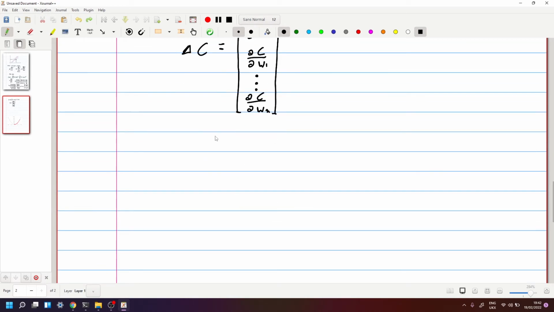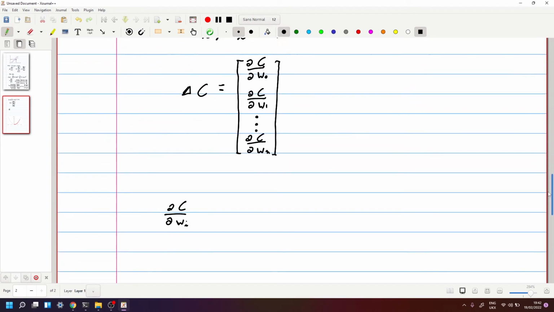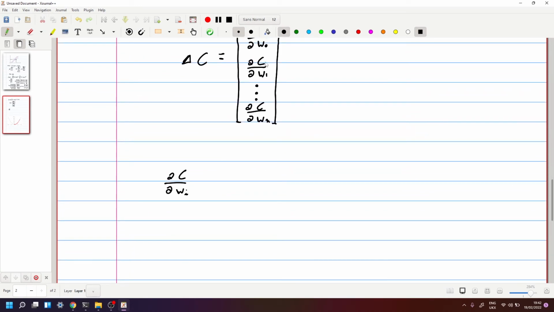So let's consider the partial derivative of the cost function with respect to wi. I'm sorry about the partial derivative sign. I know it looks like a 2, but it's the partial derivative sign, I promise you. Obviously, i is an integer between 0 and n, because we have n plus 1 different components in w.